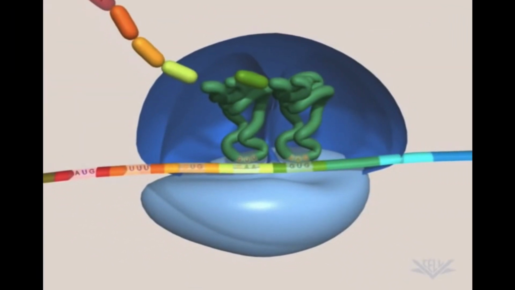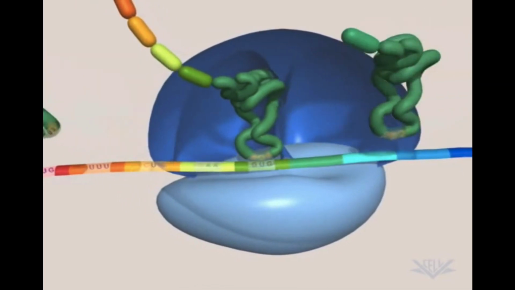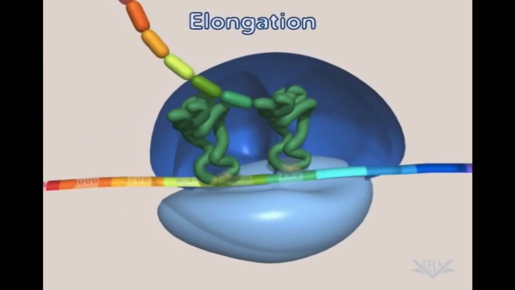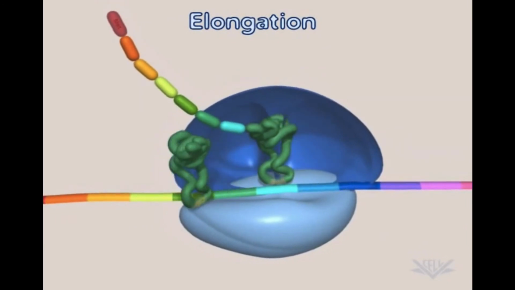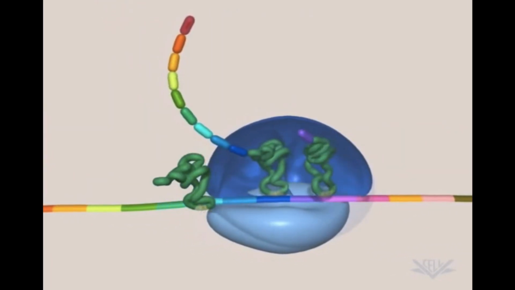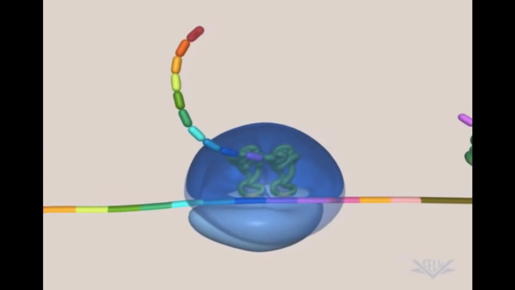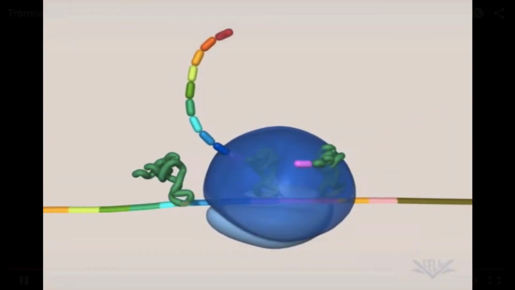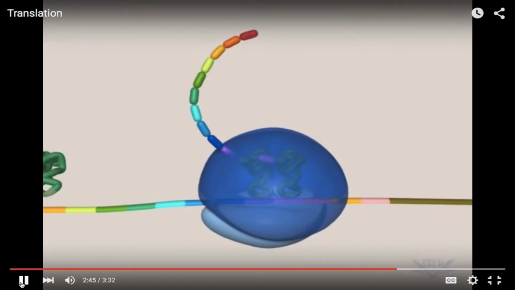And now we can see how the amino acid chain is being elongated. tRNAs keep coming in, bringing amino acids. And then eventually, once it reaches the stop codon, the translation process will end, and the amino acid chain will then be released to form the protein.